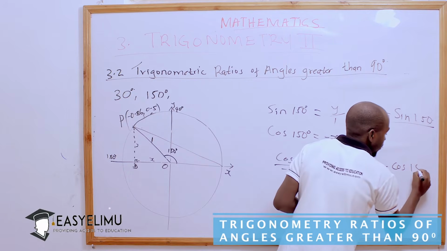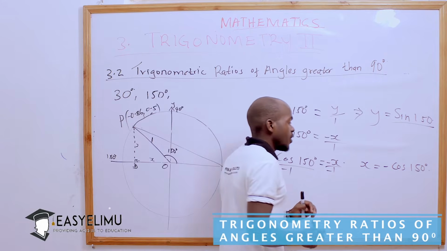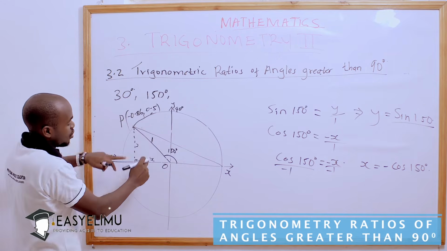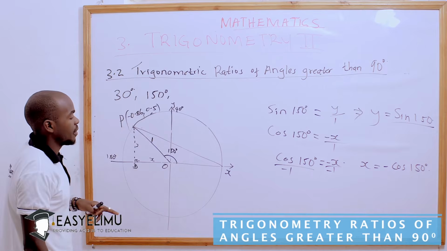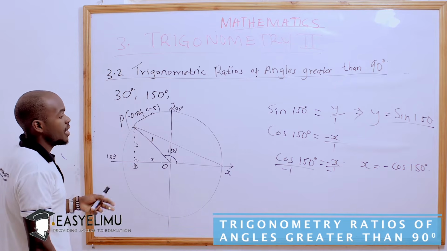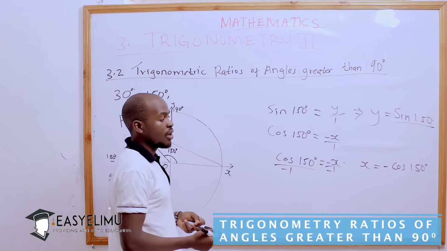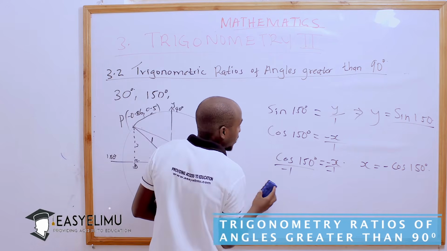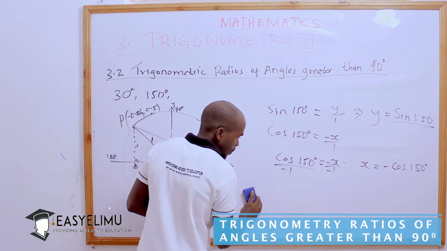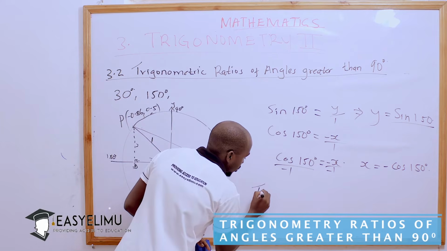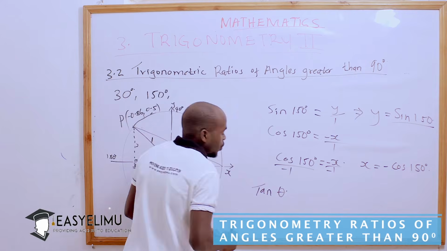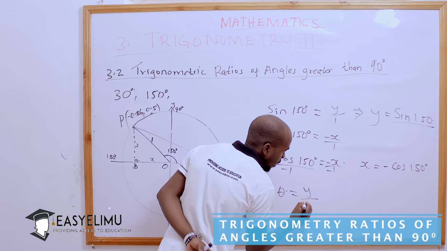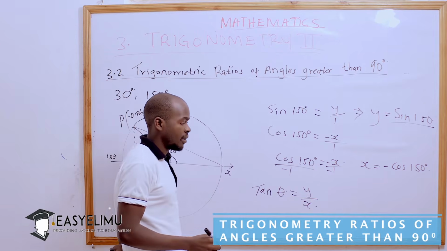So we shall find negative 150 degrees. Meaning that if we need to find this x coordinate from this point to that one of extrapolation, then it shall be negative of the cosine of that angle. And if it's the tangent, for example, in the second quadrant, let's do it at this point. So tan theta, we said for tan theta, we take y coordinate over x coordinate.